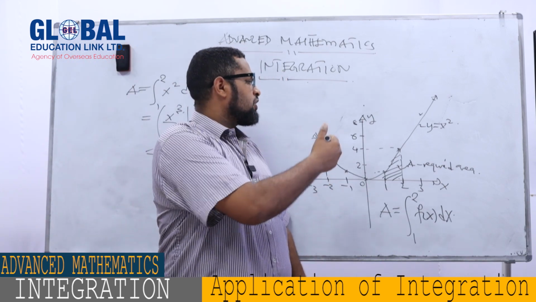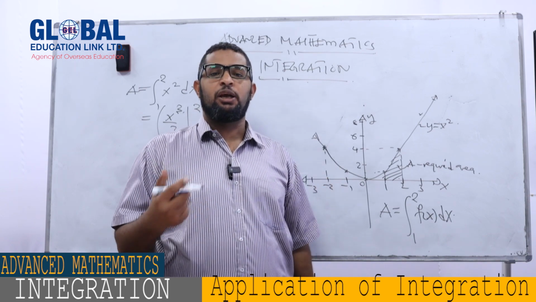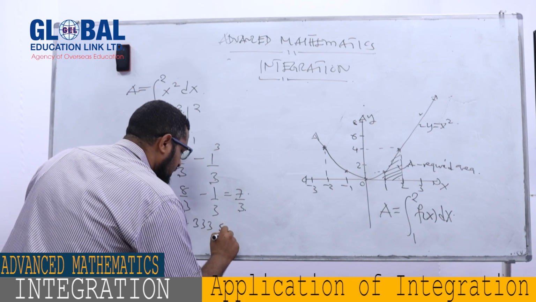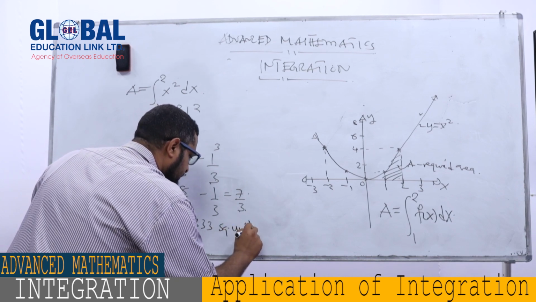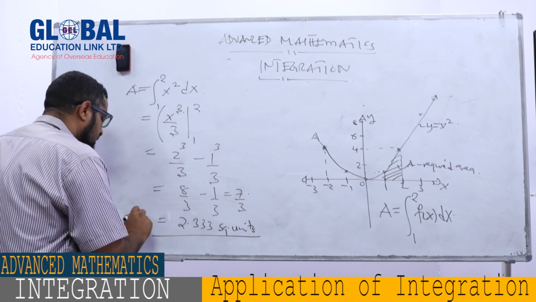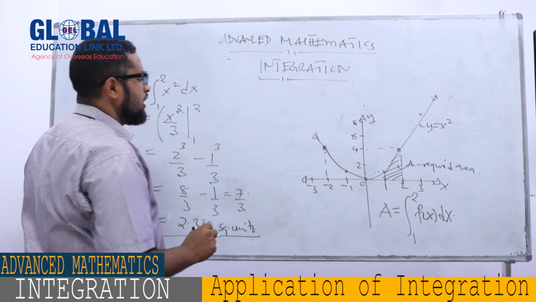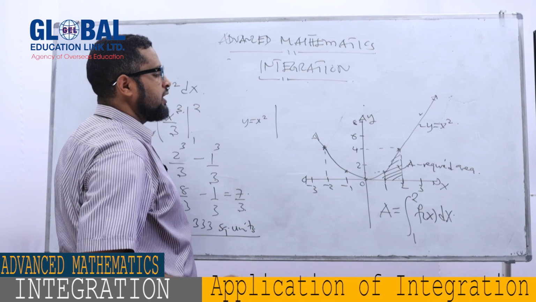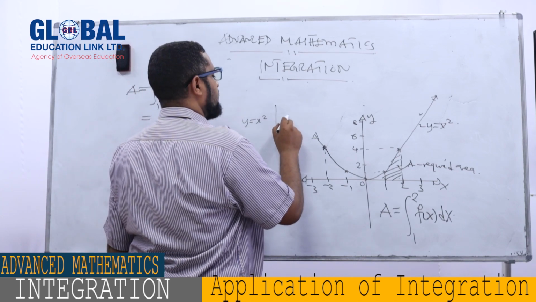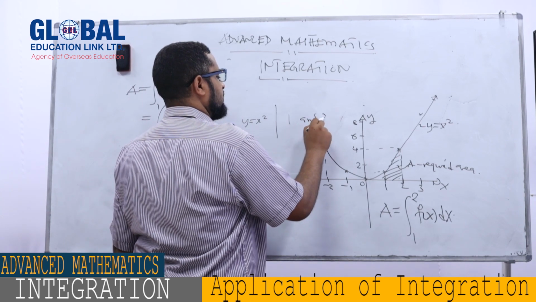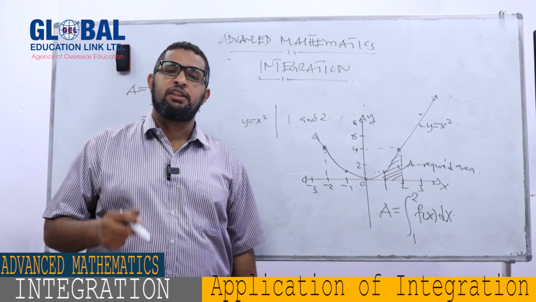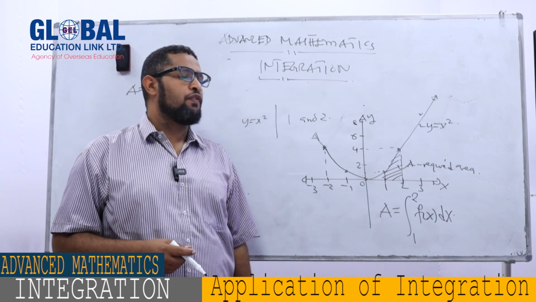But here we are not given either the centimeter or the kilometer or whatever. So here you just write only square units. That will be the area of the function y equal to x squared in the interval of x from 1 and 2. So my dear student, that is how to find the area of such kind of a curve.